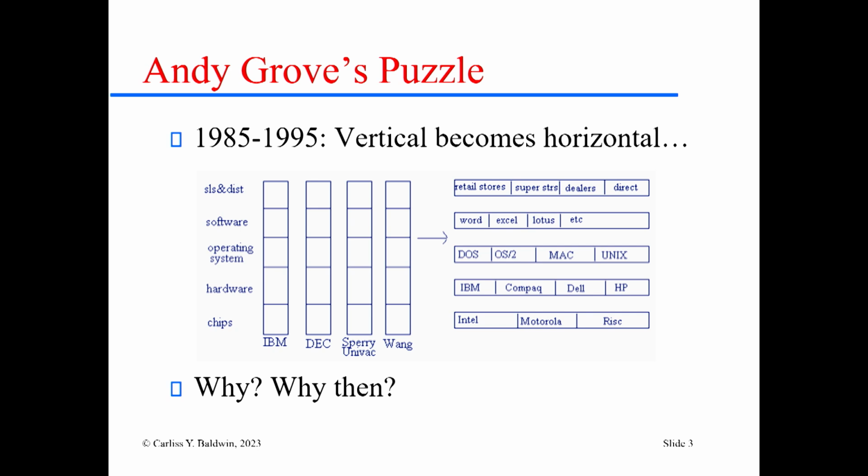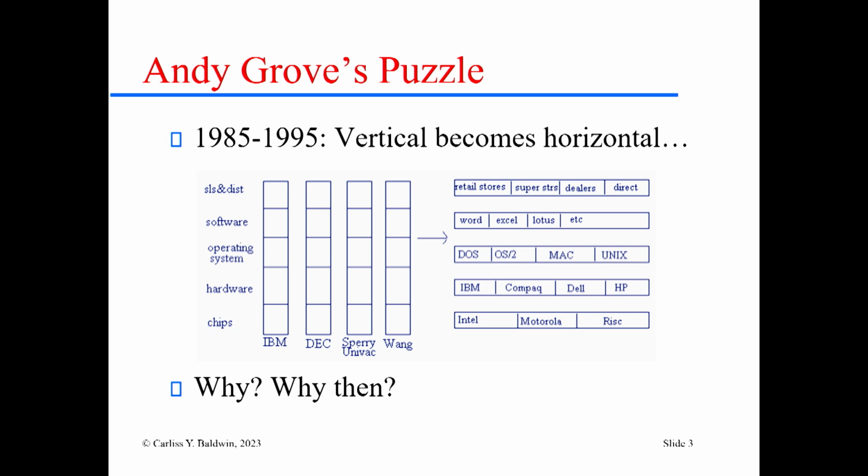Andy Grove noticed in 1996 that the whole computer industry had undergone a massive shift in structure, where in the period 1985 to 1995, firms had started out being vertically integrated, standard early 20th century model, IBM the biggest, Digital Equipment, Sperry, Univac, all vertically integrated.